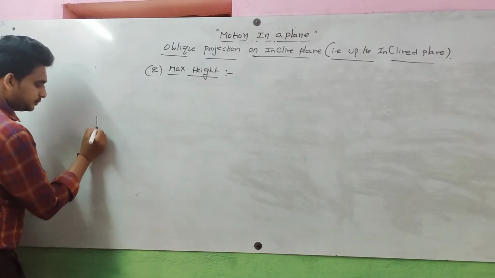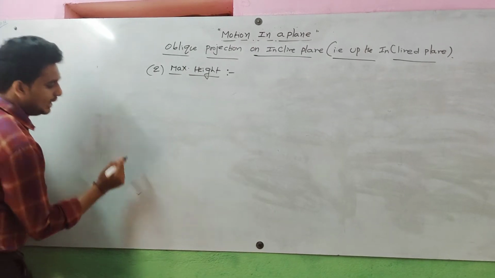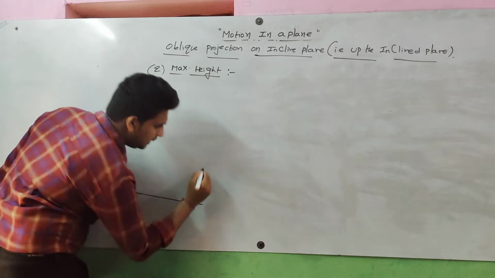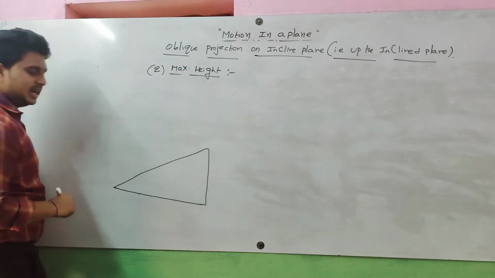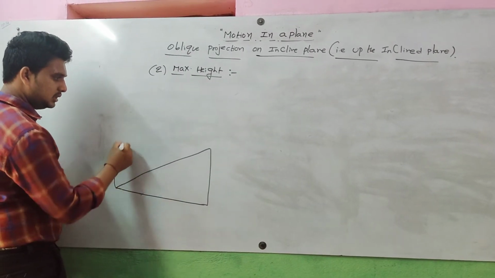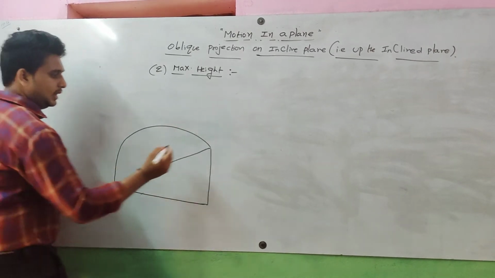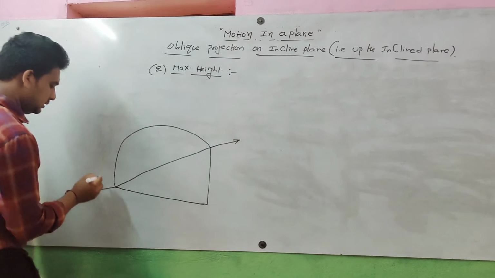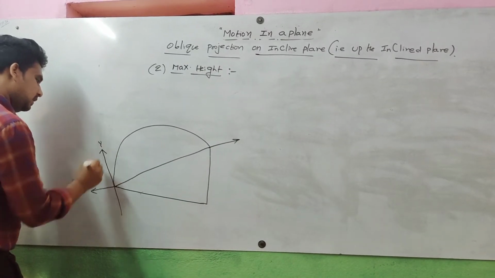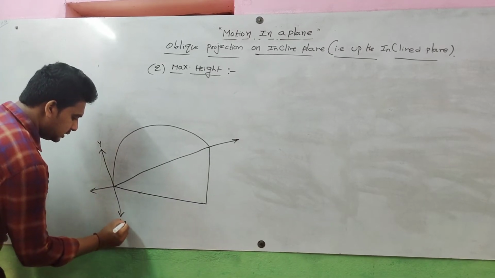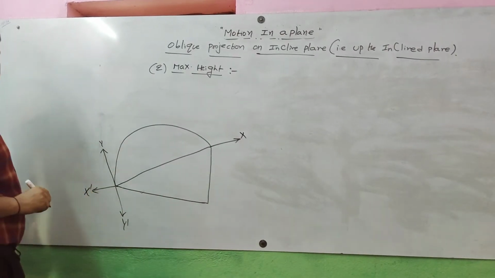First I consider an inclined plane, and the body is projected like this. This is the x-axis, this is the y-axis, y dash, and this is x dash.